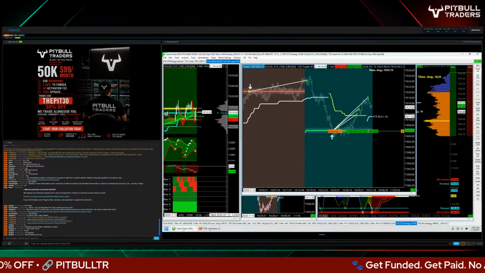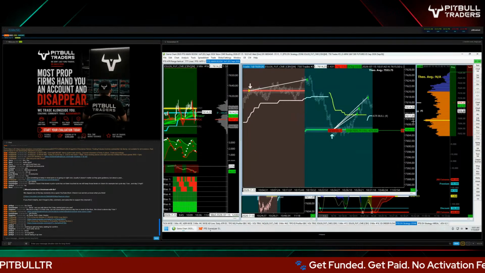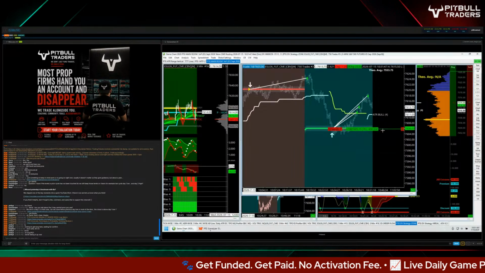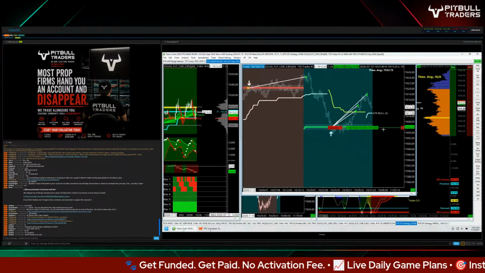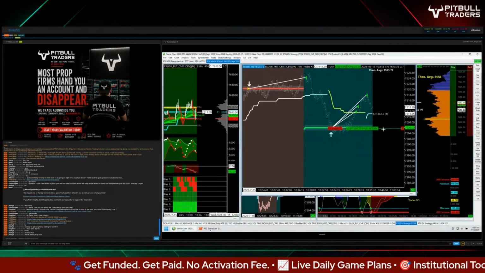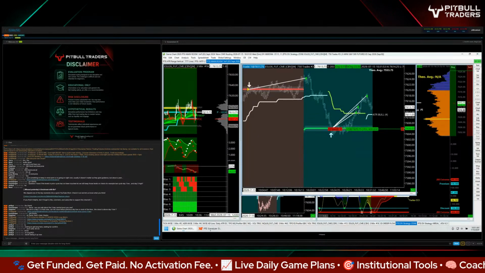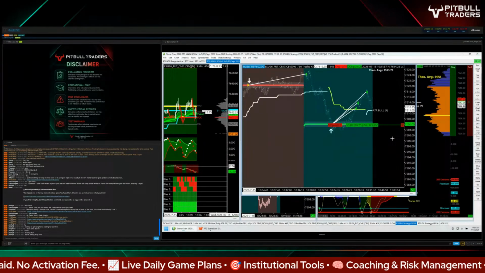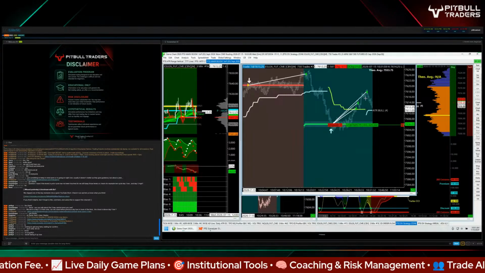So I can leave it right at the entry. And so if I get stopped out at the entry on that final one, I don't care. My goal really is to get 3 take profits out of 4 contracts on that particular trade. That's my goal, is to get 3.